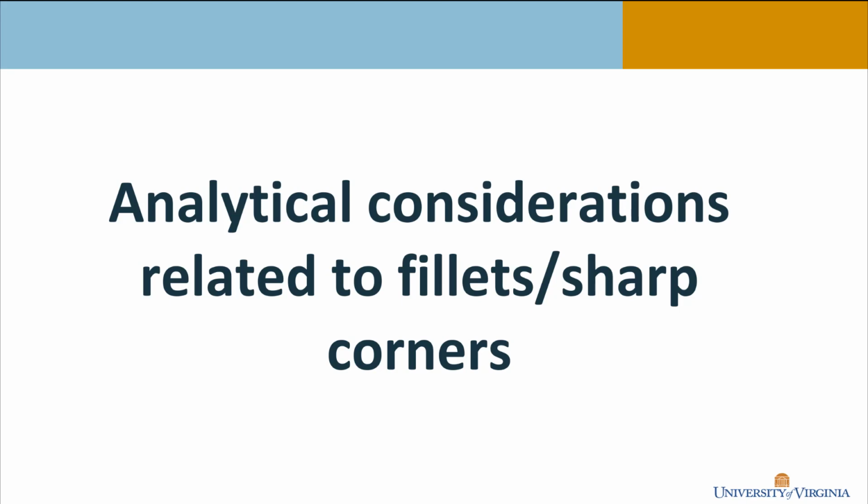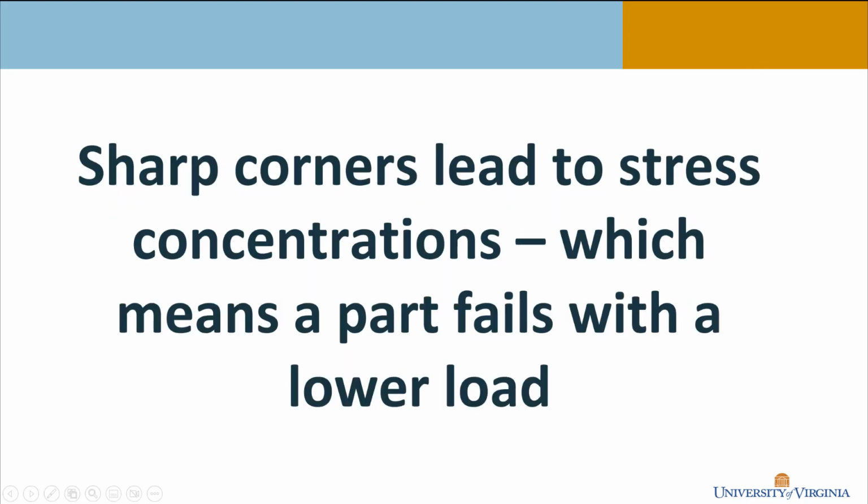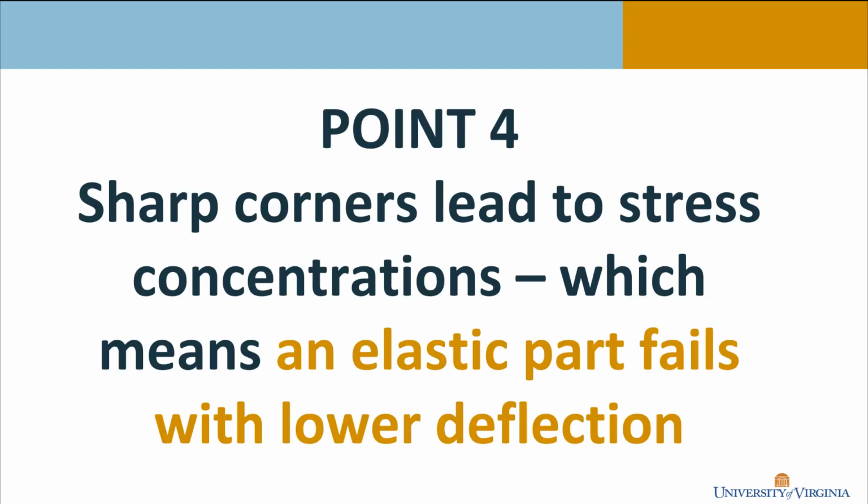And you can do that really easily by putting in fillets. Why? Well, sharp corners lead to stress concentrations, and a stress concentration can make a part fail, even though it has a load when it shouldn't be causing that part to fail based on analysis alone.